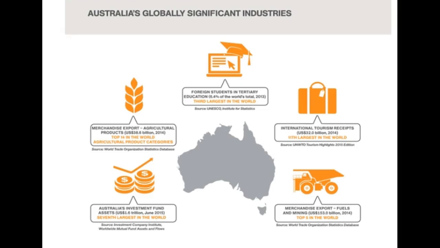We can see here Australia's globally significant industries. At the top, we can see the education industry. It is one of the top services exports in recent years, and it accounts for the value of the number 3 export item.